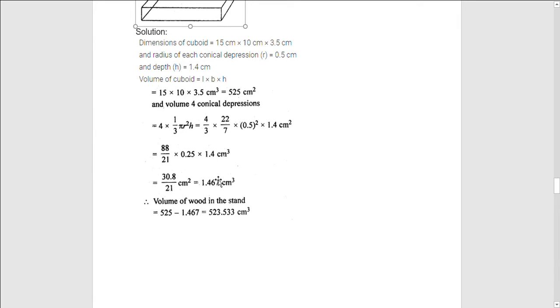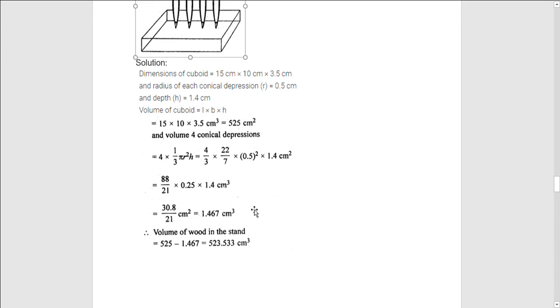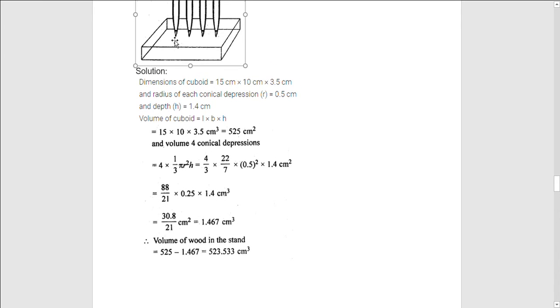And what is asked? Volume of wood in the stand. Wood in stand means this space here is occupied by the conical depressions. So you can subtract these 4 conical depressions. So volume of wood minus volume of 4 conical depressions. So this is your answer.